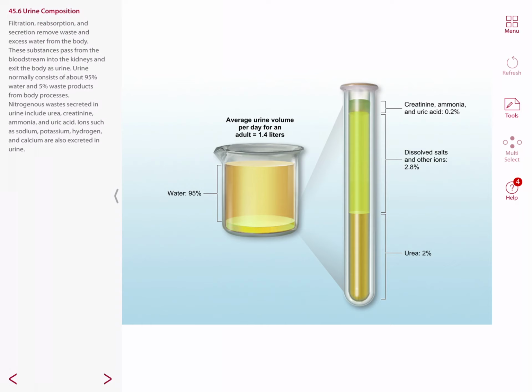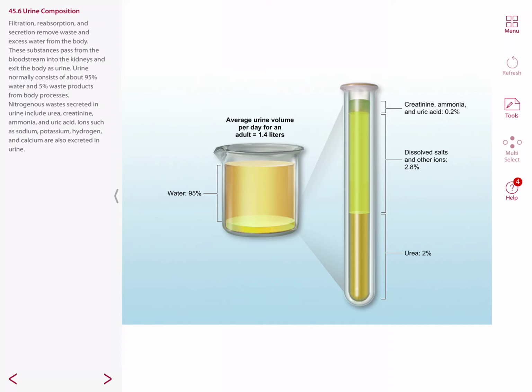Here is the typical content or makeup of urine. Most of this, if you'll notice, is water. 95% of this is going to be water. Then we're going to have a little bit of waste. So 5% waste products, and if we break those waste products down, we're going to have nitrogenous waste: creatinine, ammonia, uric acids.